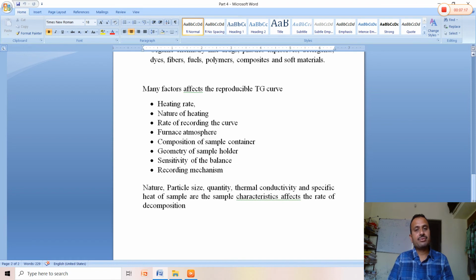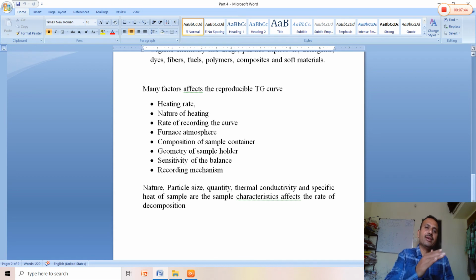Now these are all the factors affecting the reproducible TG curve: heating rate, nature of heating, rate of recording the curve, furnace atmosphere, composition of the sample container, geometry of the sample holder, sensitivity of the balance, and recording mechanism. Nature, particle size, quantity, thermal conductivity, and specific heat of the sample are the sample characteristics that affect the rate of decomposition.